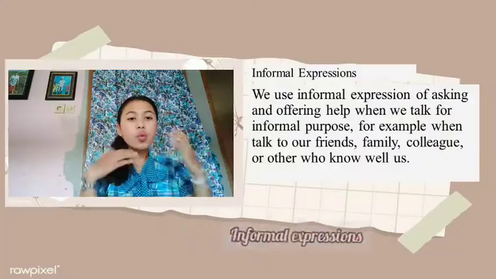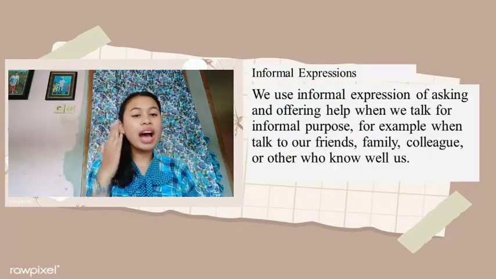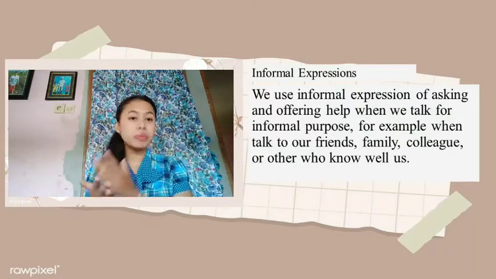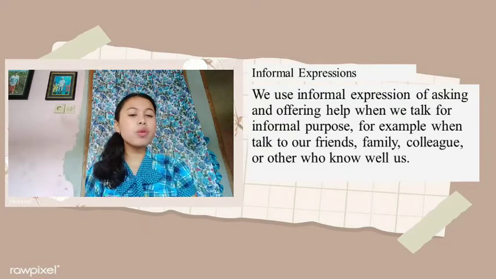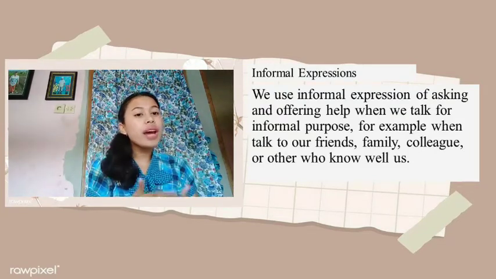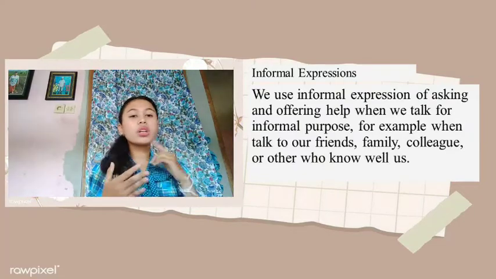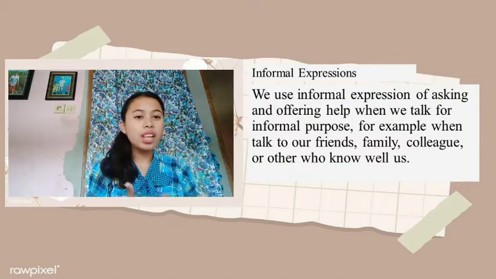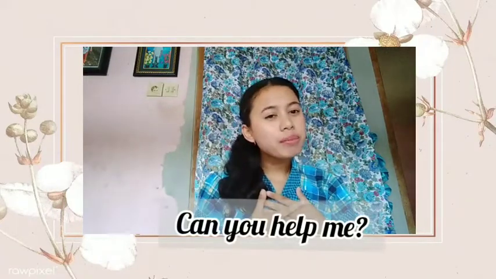And the second one is informal expression. We use informal expressions of asking and offering help for informal purposes, for example, when we talk to our friends, our family, our colleagues, and others whom we already know well. Examples of informal expressions of asking and offering help are: can you help me?